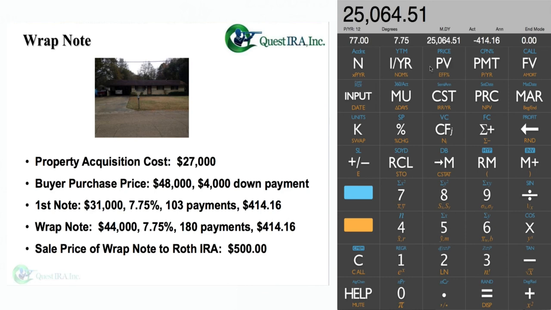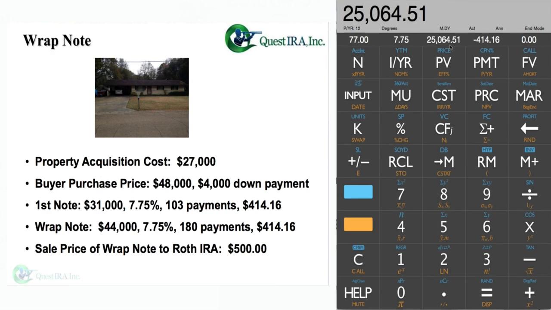Okay, so the present value, if it was right now, would be 25,000. Okay, so this is the way that they wrote it. But let me think of it. So that's interesting. Okay, so let's just take what it's worth, $25,000. So this is the present value of 77 payments at this rate.